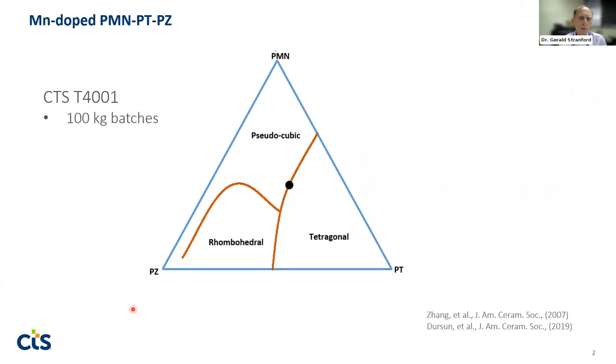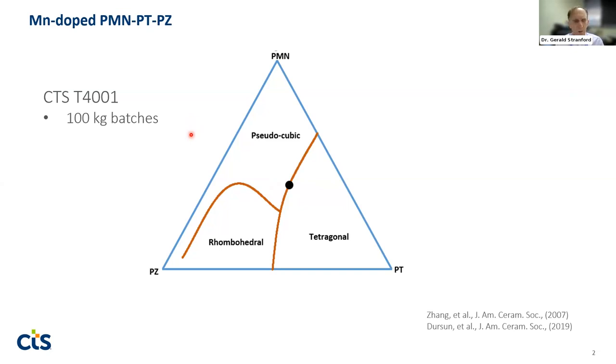As Mark mentioned, we're working with this manganese-doped PMN-PZT. So the composition is on this pseudo-cubic tetragonal MPB, morphotropic phase boundary, in the phase diagram. And we do produce this in 100-kilogram batches. So we have successfully scaled up the base composition to what we would consider an industrial scale, a typical batch size that we would work with here at CTS.